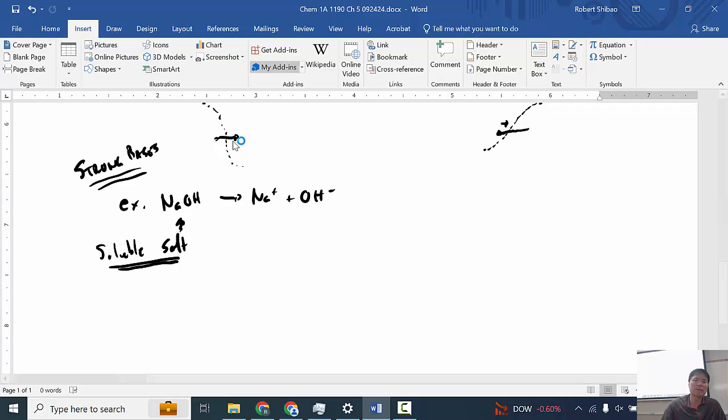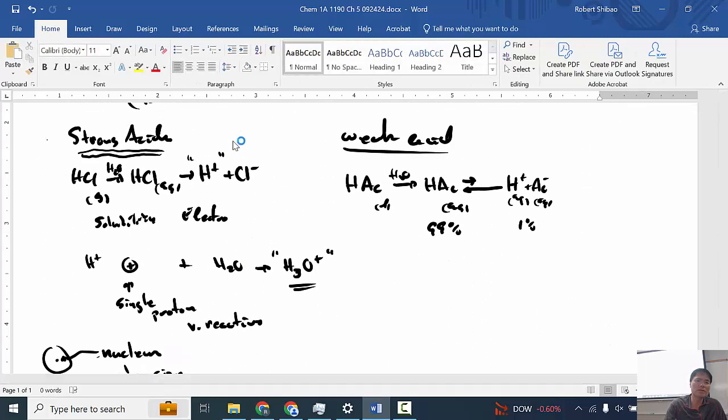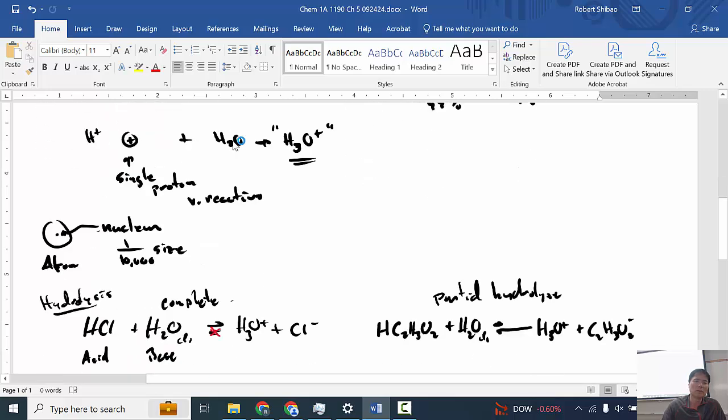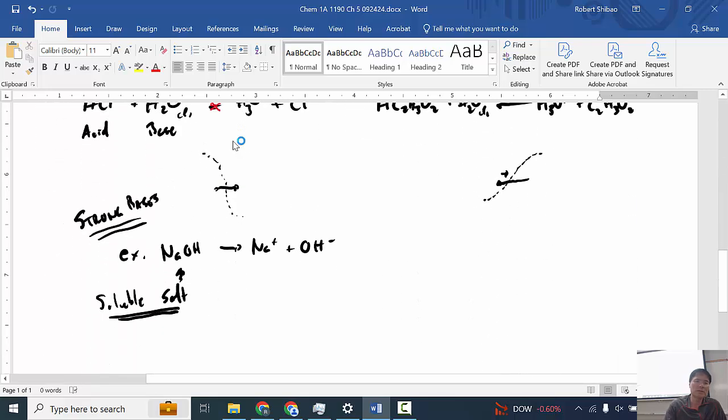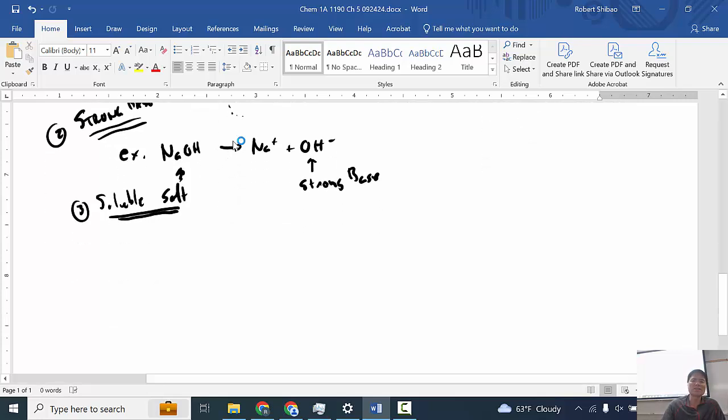So there are three things that are strong electrolytes. One, the strong acids. Two, the strong bases. And three, the soluble salts. Now the strong base is weird because it's not the soluble salt here. This is the strong base here. Strong base is aqueous hydroxide, like that.